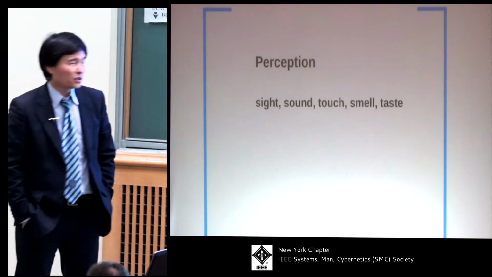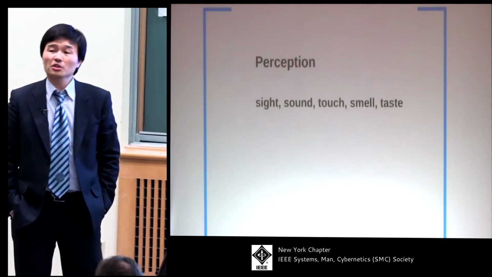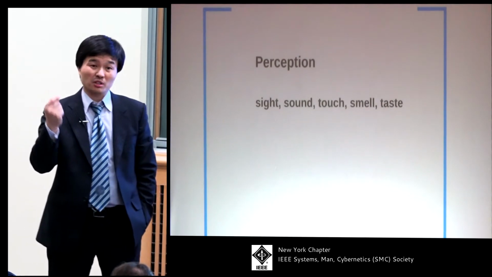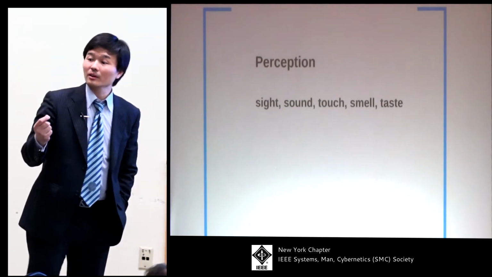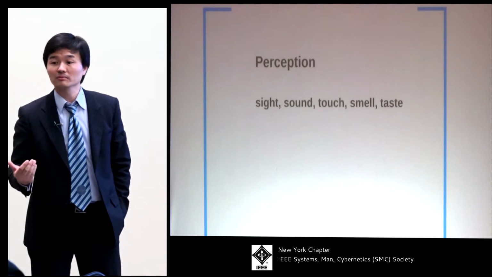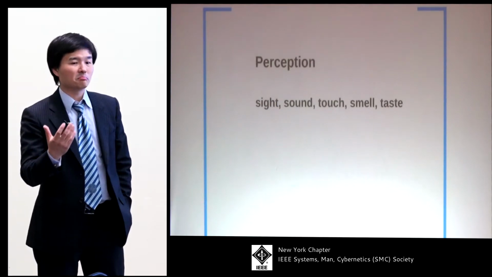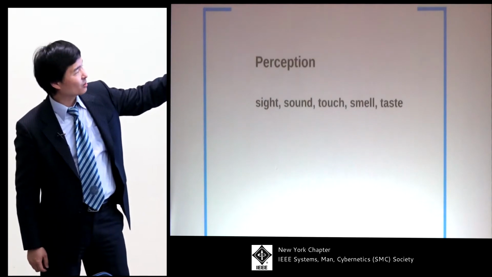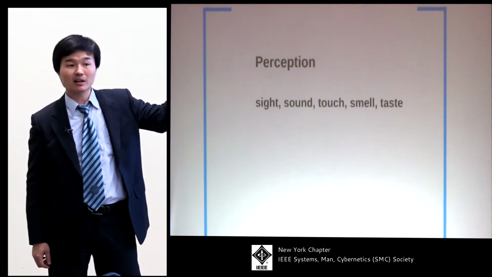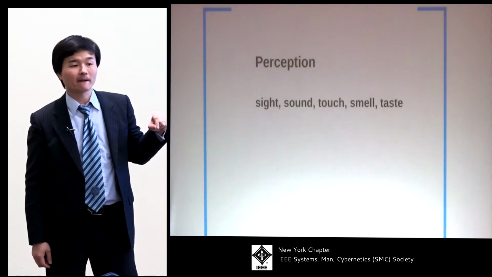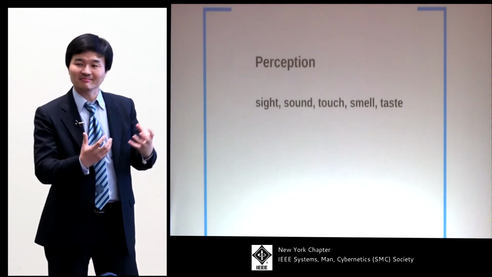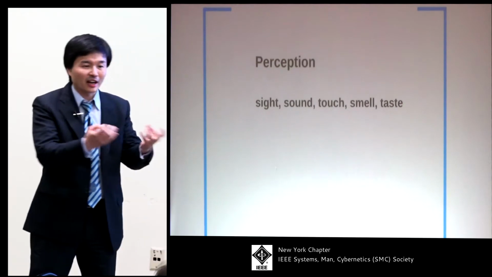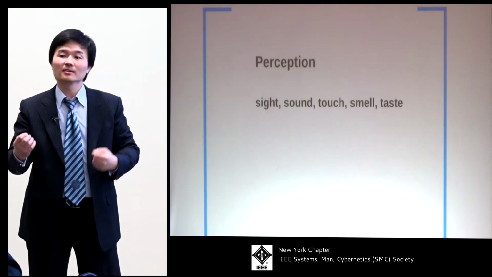In order to achieve real immersion in virtual reality, you have to change the perception of the user. What do we mean by perception? That means sight, sound, touch, smell, and taste. You have to get the impression of perception that you're actually in that environment.